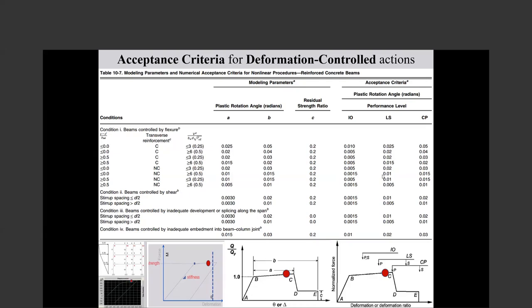So they don't need those kinds of acceptance criteria that are not provided. They say that you just push, check that if you go 1.5 times the target displacement, the building is still stable. And at the target displacement, as I mentioned, if the drifts and the stress ratios are less than 1.2, it is okay.